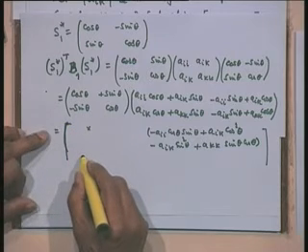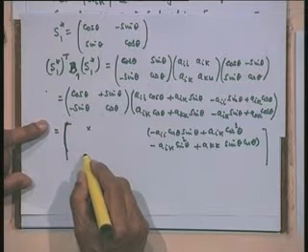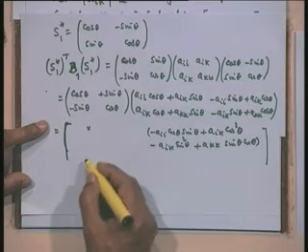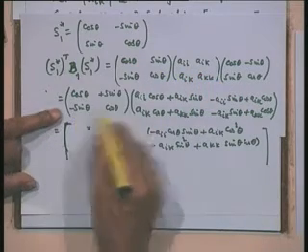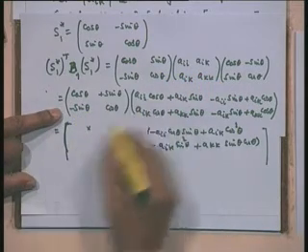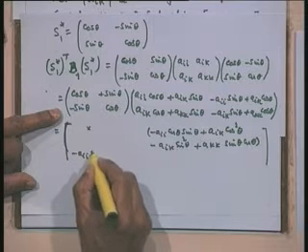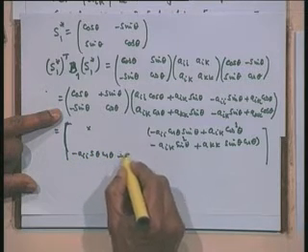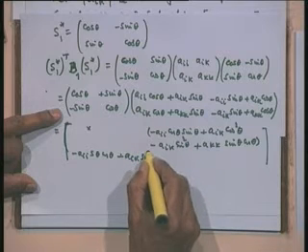Now, let us write down this element. This element, because of symmetry, has to be the same, because we started with a symmetric matrix, therefore this will also be symmetric. Now, if I multiply it out, I will get here minus a_ii sin theta cos theta, minus a_ik sin square theta.